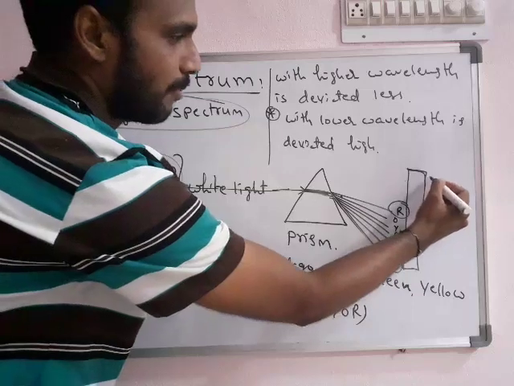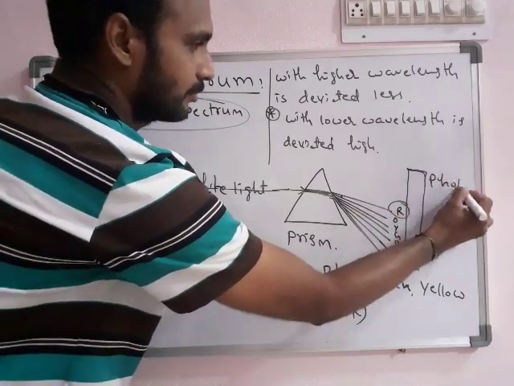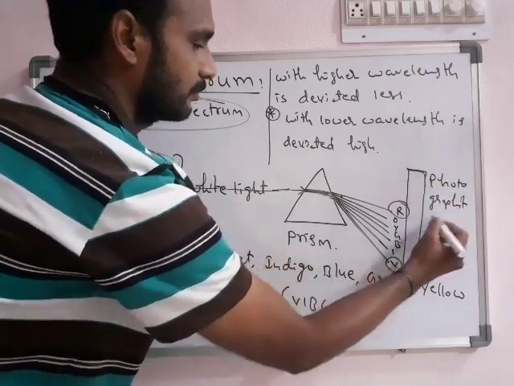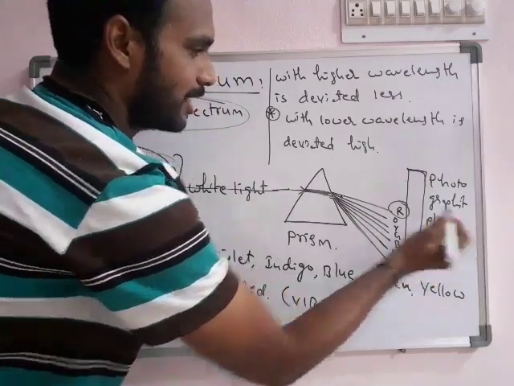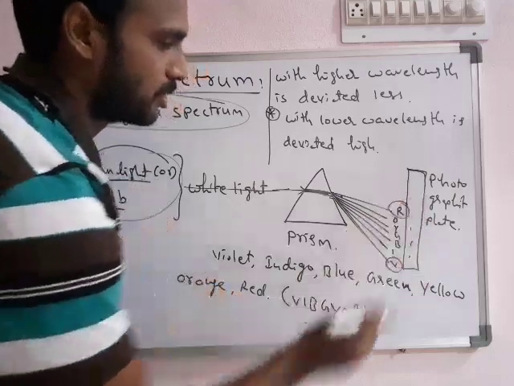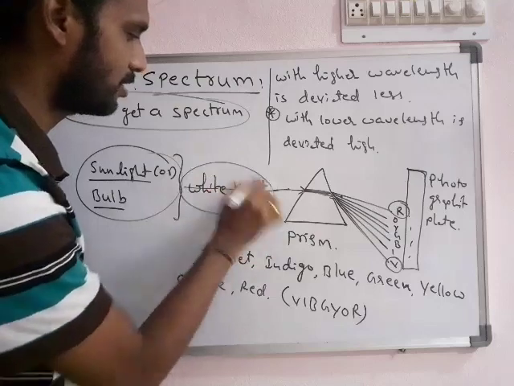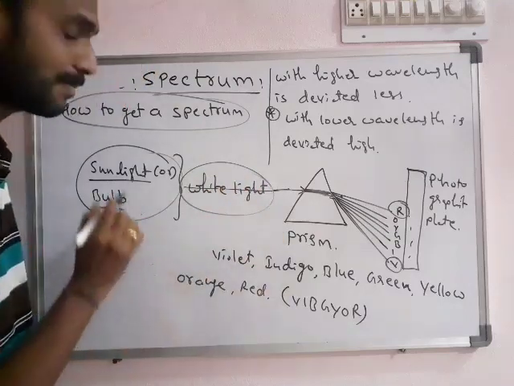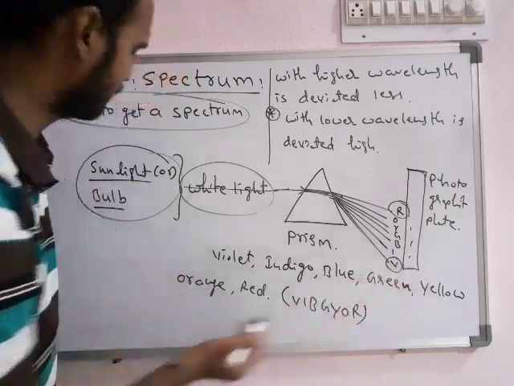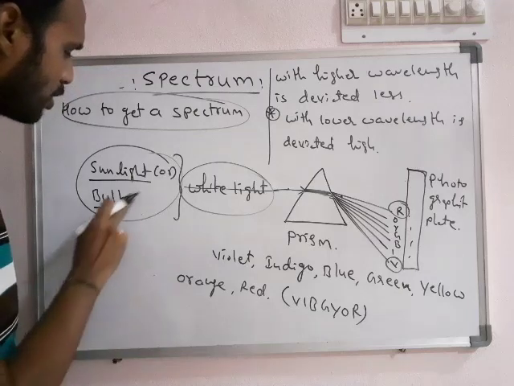Here picture form avadiki there is an arrangement called photographic plate. On the photographic plate we got a picture that will be known as a spectrum of that particular light, or nothing but spectrum of that particular substance. For example, ikkada vachina visual, it is nothing but spectrum of white light or spectrum of sunlight or spectra of bulb.